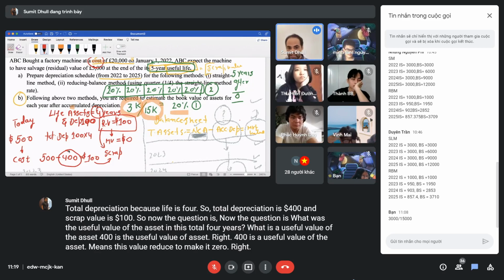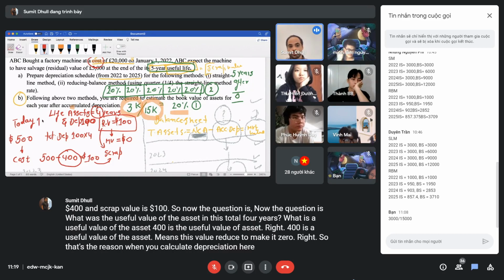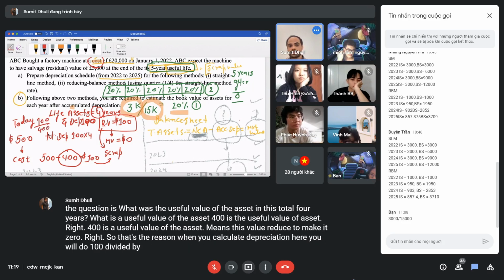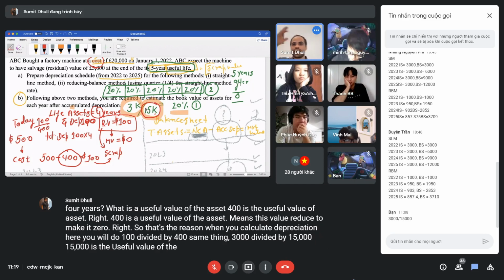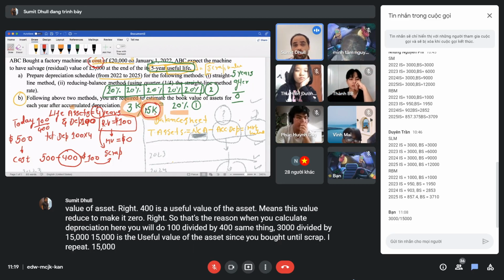So that's the reason when you calculate depreciation here, you do 100 divided by 400. Same thing, 3,000 divided by 15,000. 15,000 is the useful value of the asset from when you bought it until scrap. I repeat, 15,000 is the useful value.